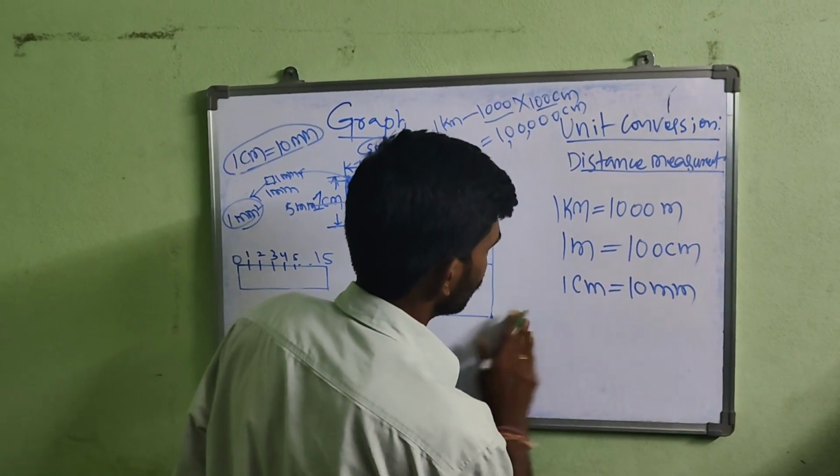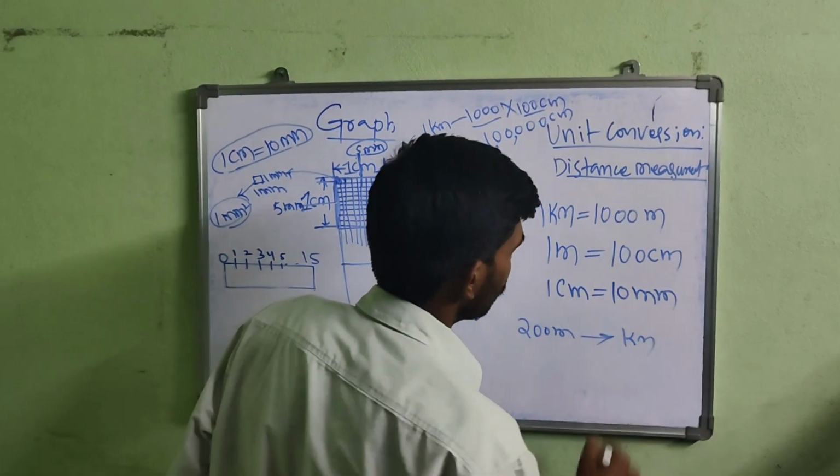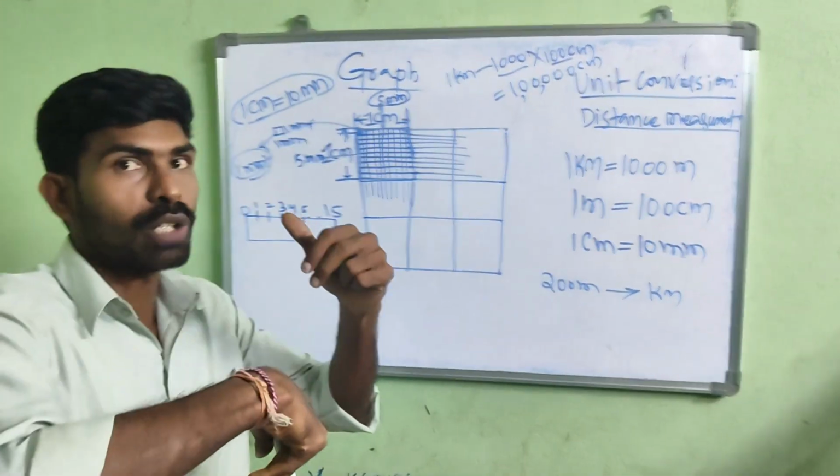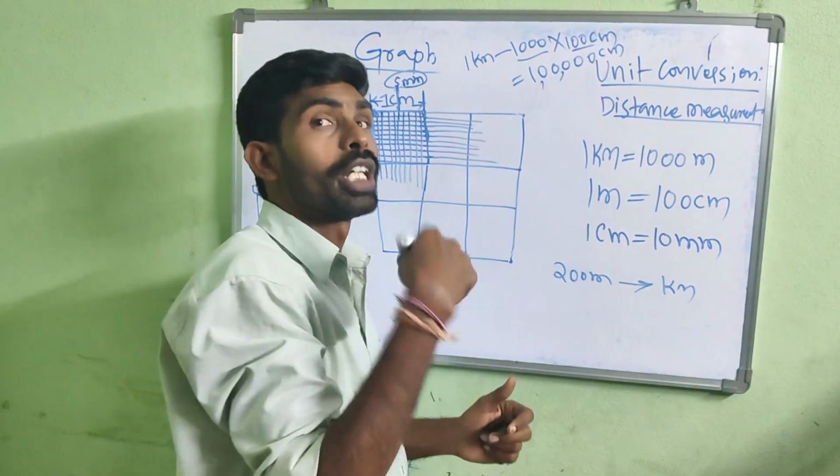For example, 200 meters are there and I want it in kilometers. If it is a reverse conversion, smaller to larger, we need to divide.